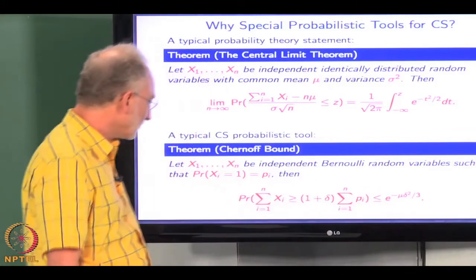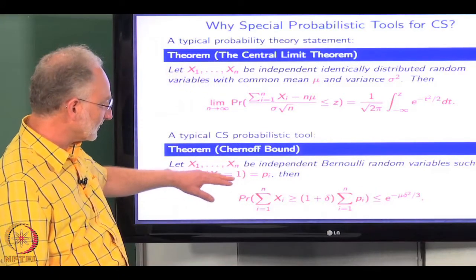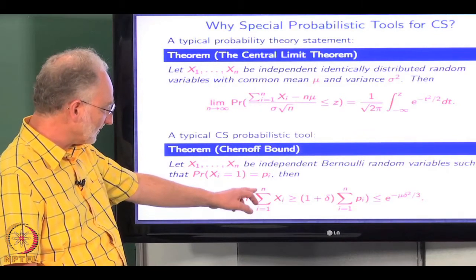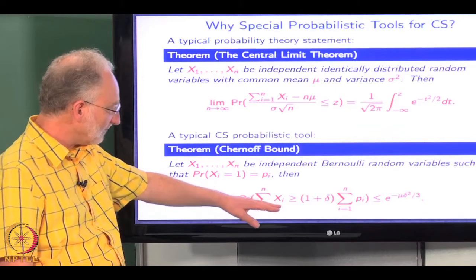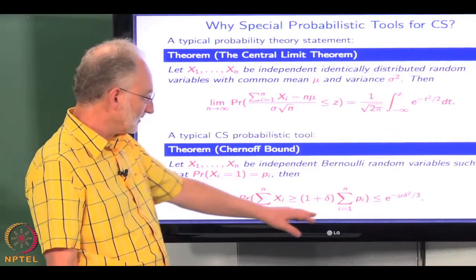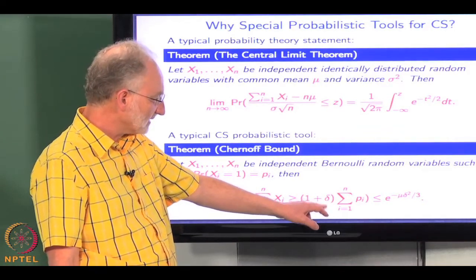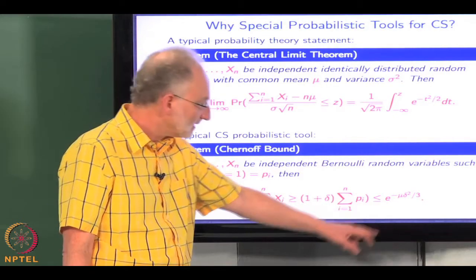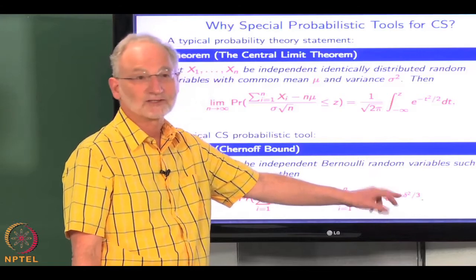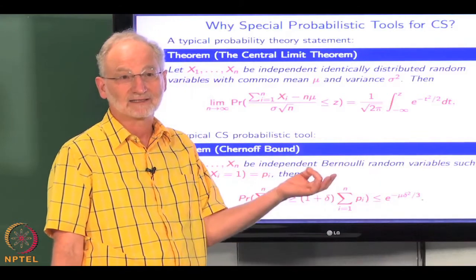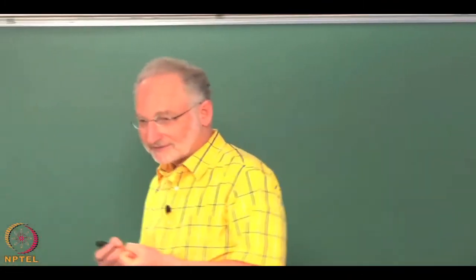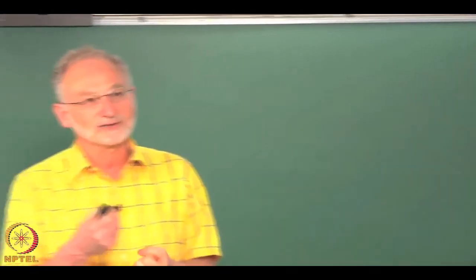Maybe better to normalize it: the probability that the average is far by delta from the expectation of the random variable goes down exponentially with n. So, in other words, not only where is the limit, but how far do I get to the limit?